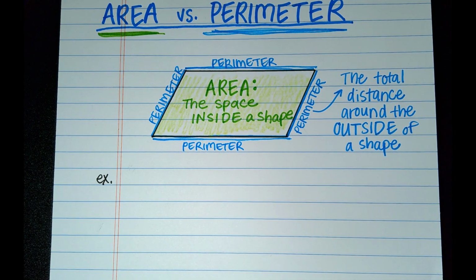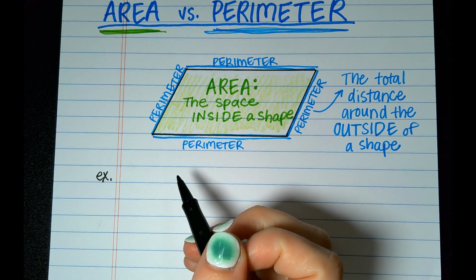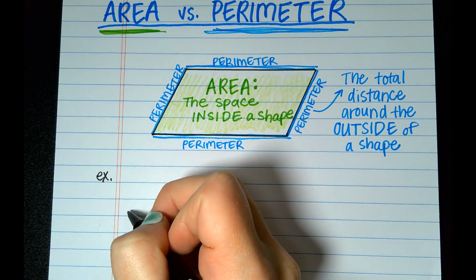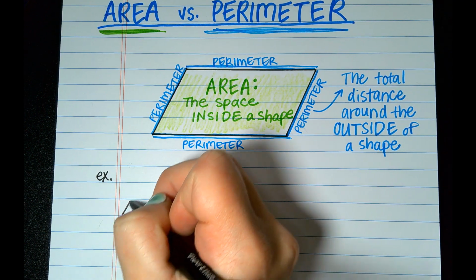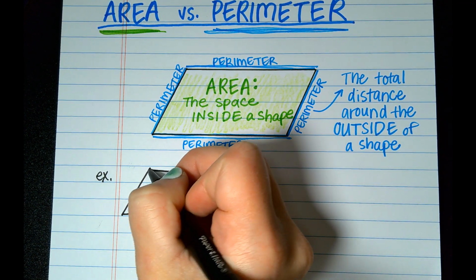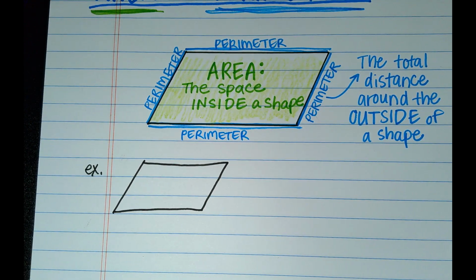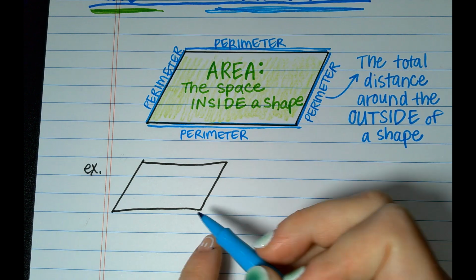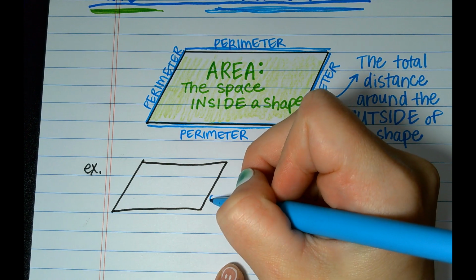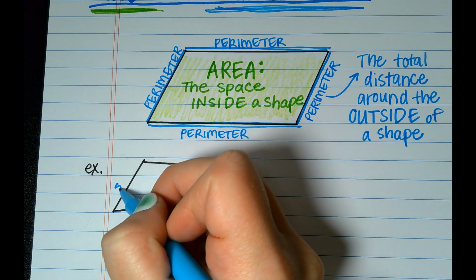So an example might be, let's start with a parallelogram again, and I'm going to give you a few measurements. On your parallelogram, you're going to have a side length, and this is a side length.